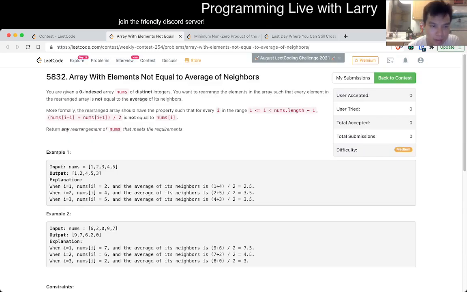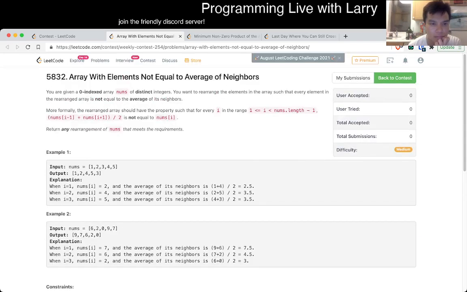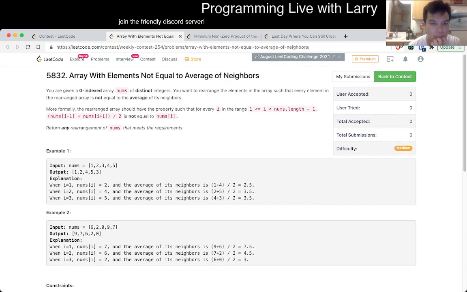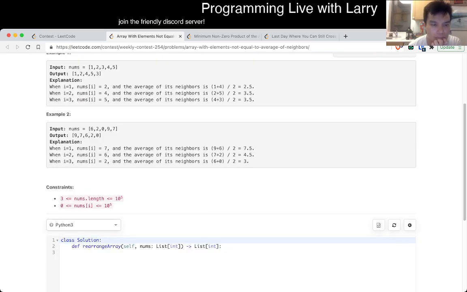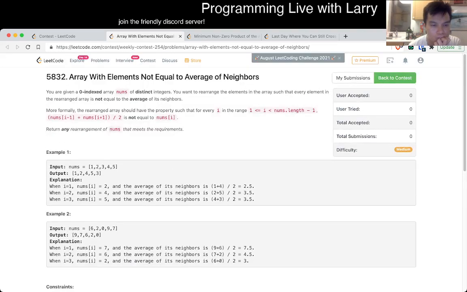There's only one number, which is the wrong. Okay.